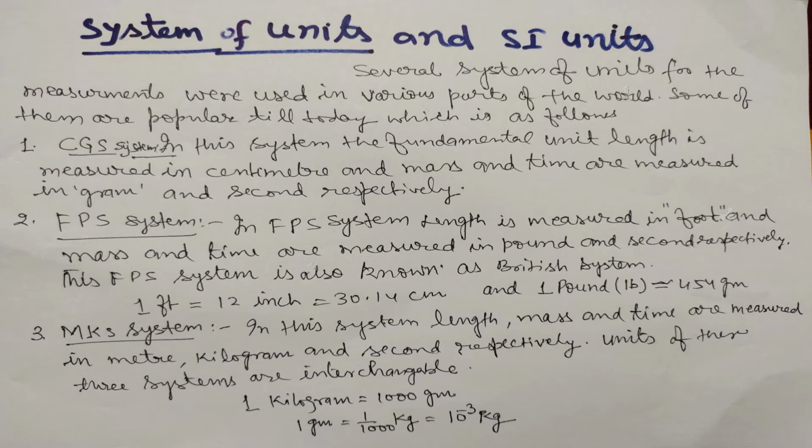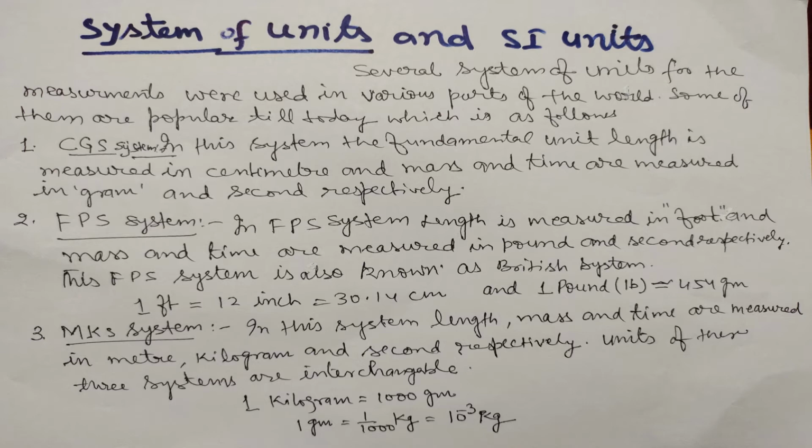The third system of units is the MKS system, in which length, mass and time are measured in meter, kilogram and second respectively.